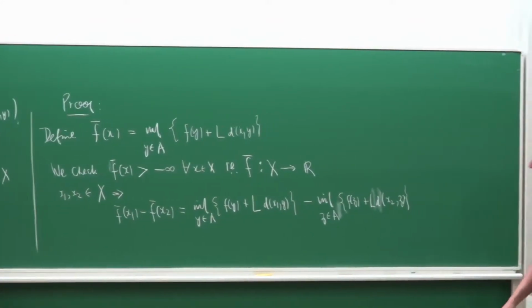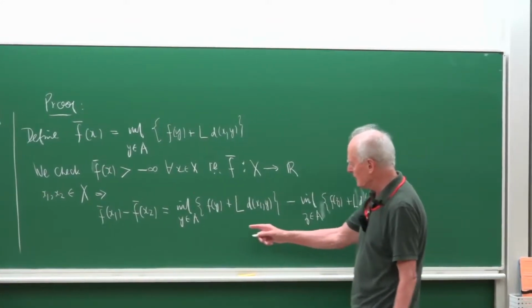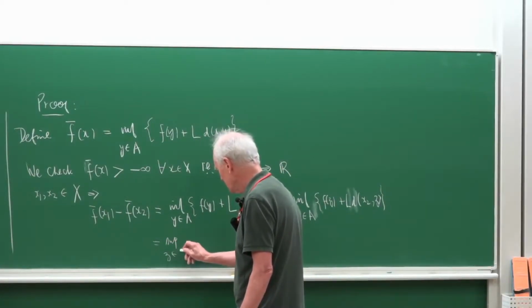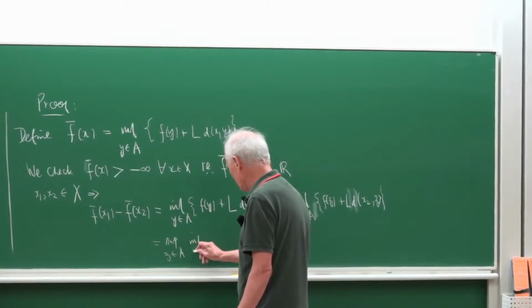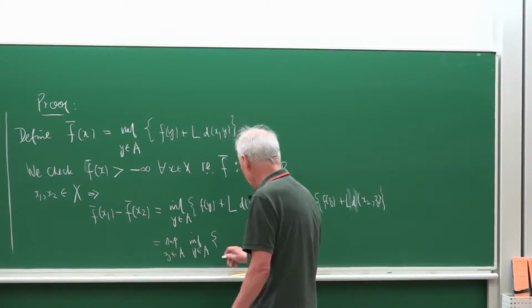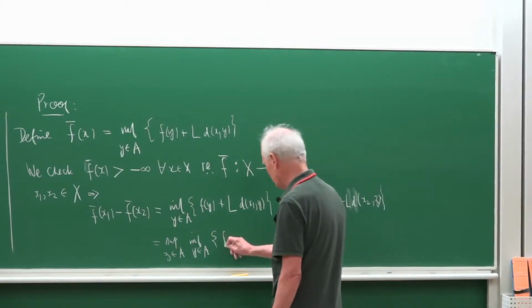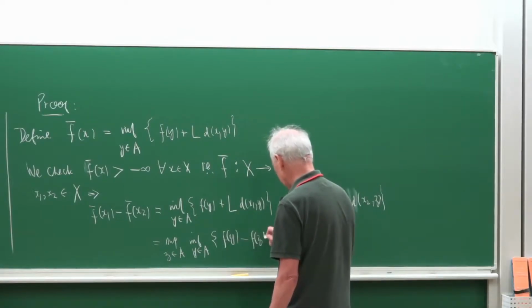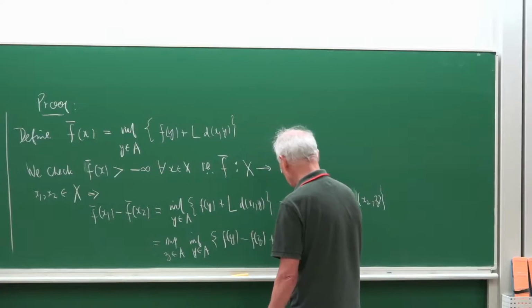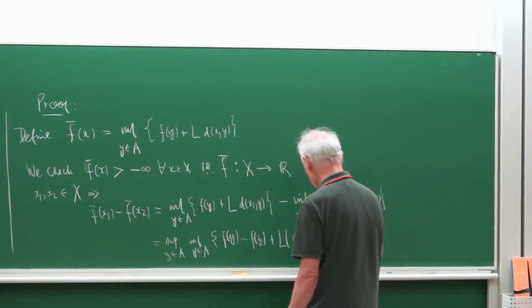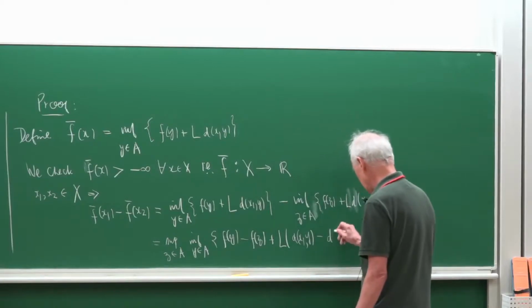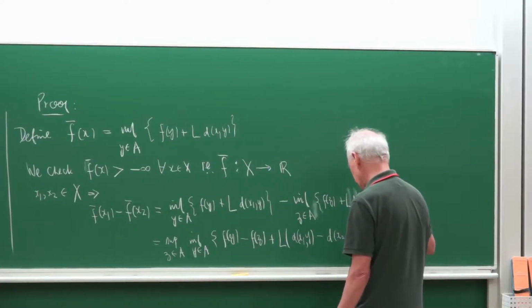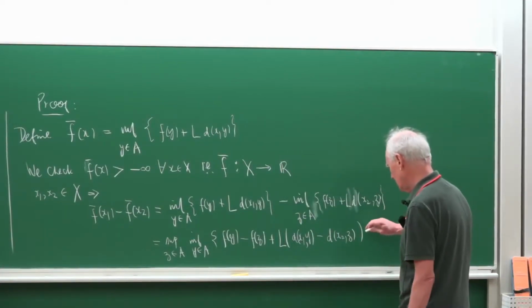So that's the definition. Now the trick is to notice that you can write this as the sup over z of the inf over y of the difference of these two: fy minus fz, plus L times d(x1, y) minus d(x2, z), like that.